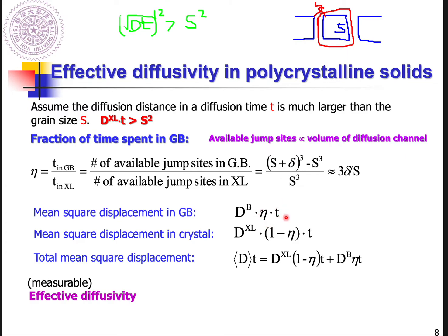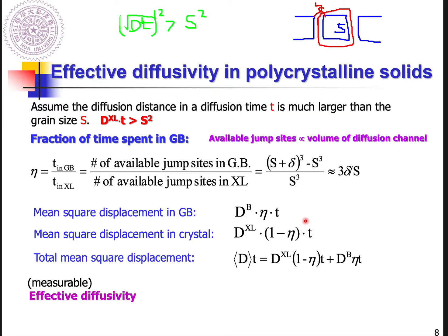T is the diffusion time, and the portion of the atom spent in the grain boundary will be iota. The mean square displacement in the crystal will be the diffusivity of the lattice, D_XL, times the portion of time the atom spends in the grain, 1 minus iota, times the total time.